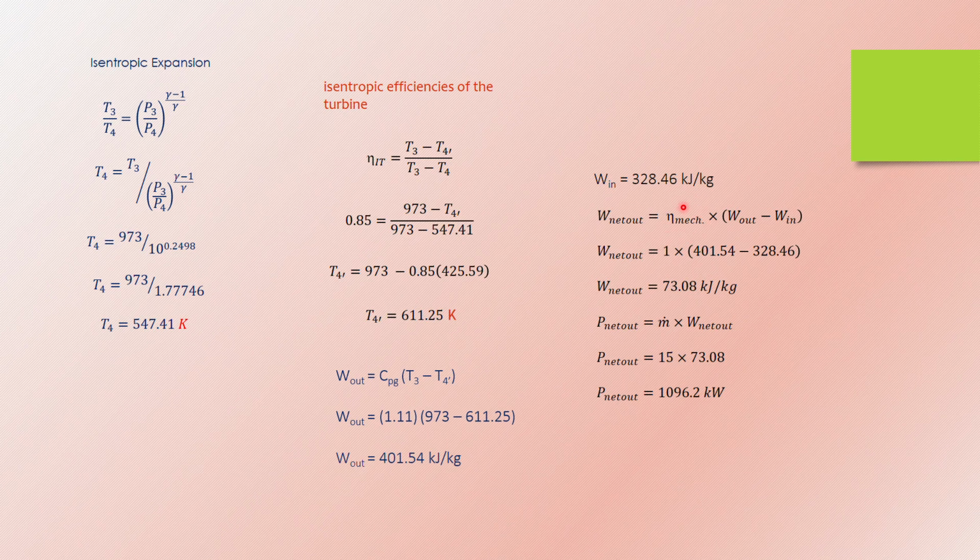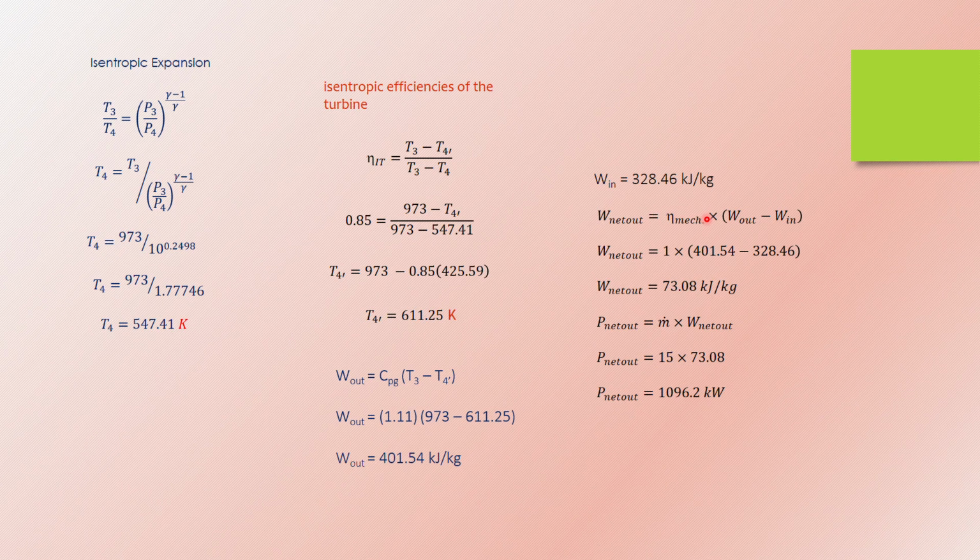Now, what is this mechanical efficiency? That is to show how efficient the power shaft is in transmitting power from one component to another component. Now, most of the time, the mechanical efficiency is less than 100%. Why? Because of frictional loss in the shaft transmission from one component to another.